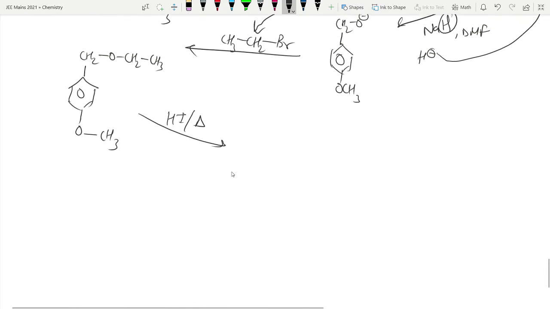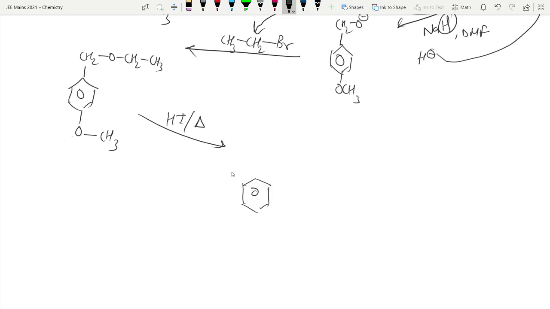Let's see now what we should do. So the H plus will protonate these two ether oxygens.